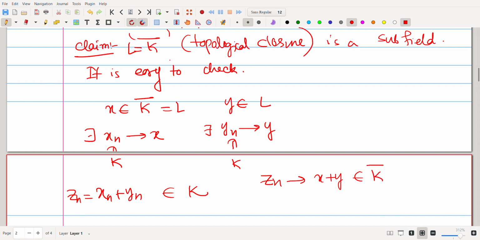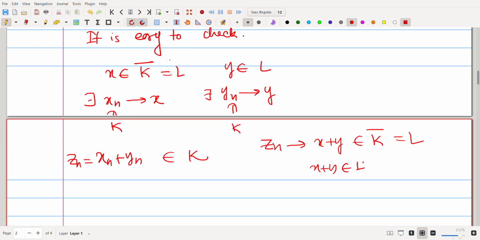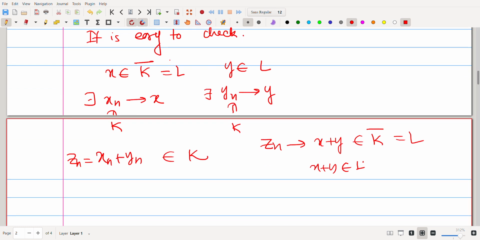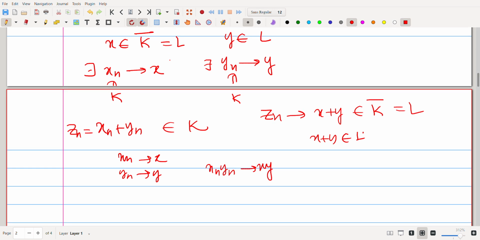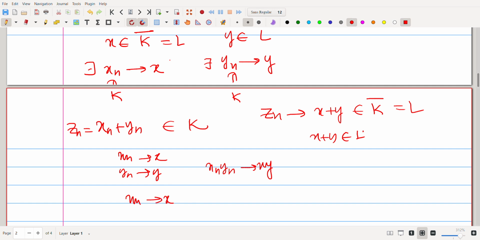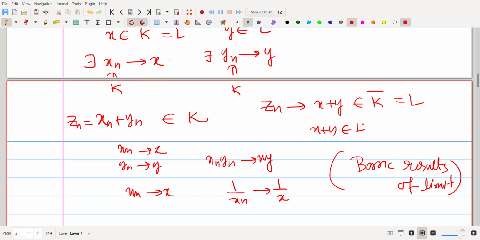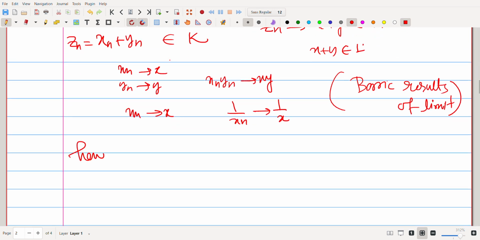That will imply x plus y is in K closure, which is L. Similarly, multiplication also holds, because if xn converges to x and yn converges to y, then xn times yn converges to xy. And if xn converges to x and x is non-zero, then 1 by xn also converges to 1 by x. Those are basic results of limits. Hence L is a subfield of C.